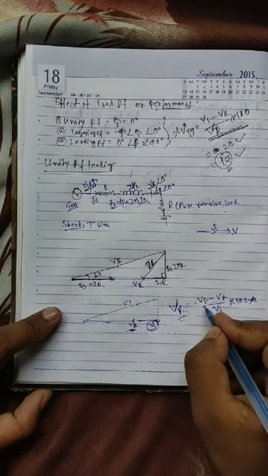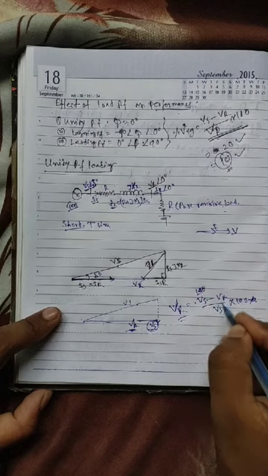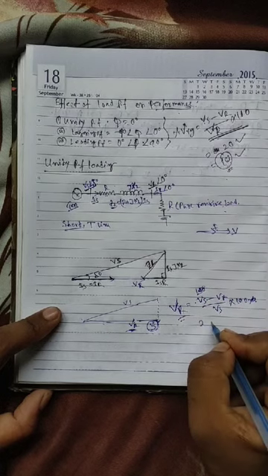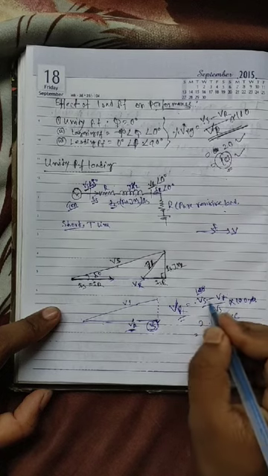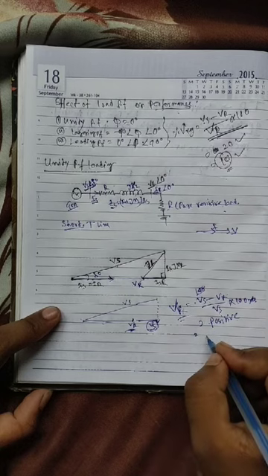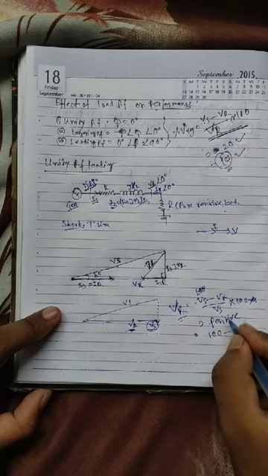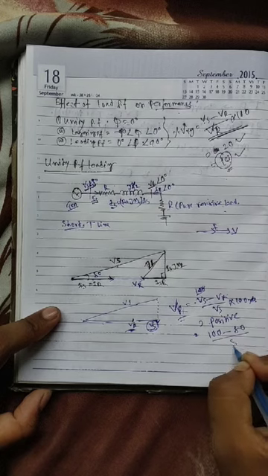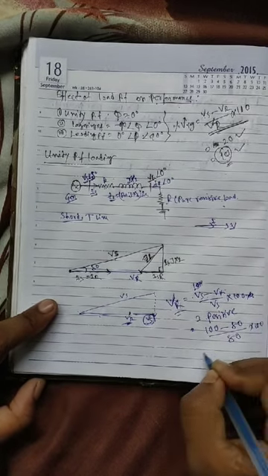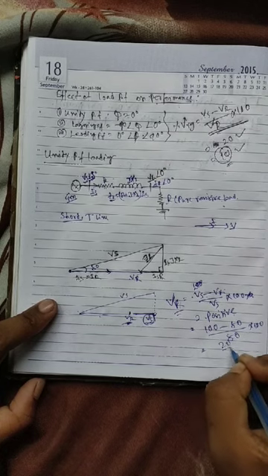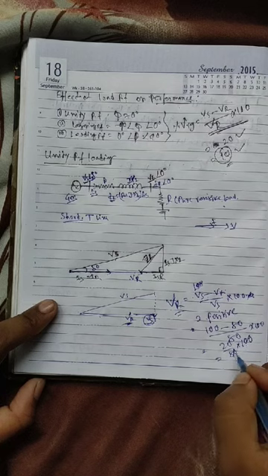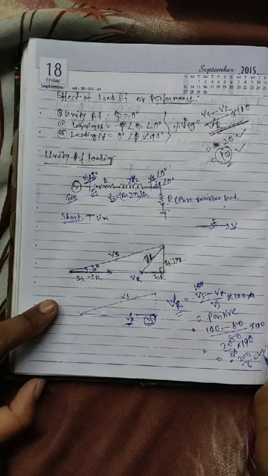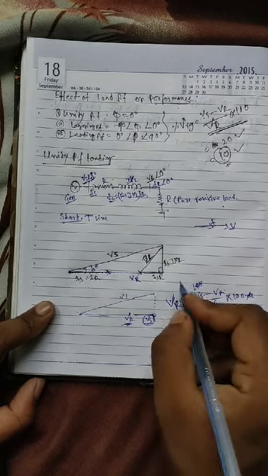Since VS is much greater than VR, the regulation will be positive. For example, if VS is 100 and VR is 80, then 20 by 80 into 100, which is 25 percent. That means it is positive. Voltage regulation will be positive.